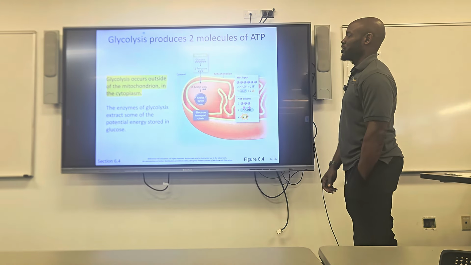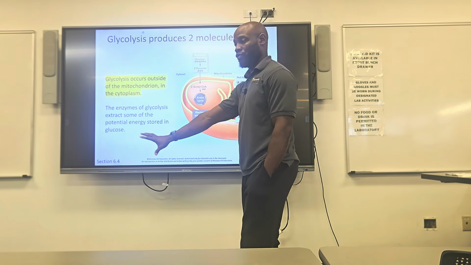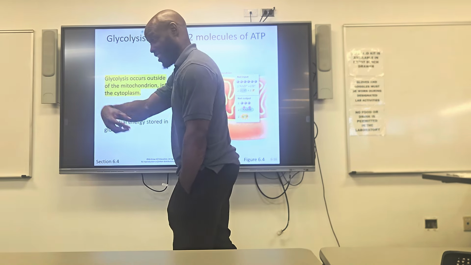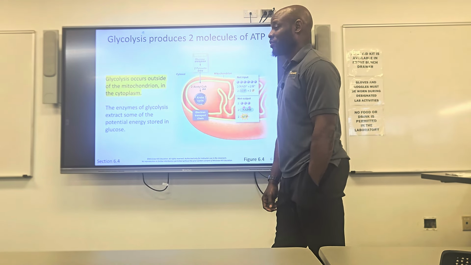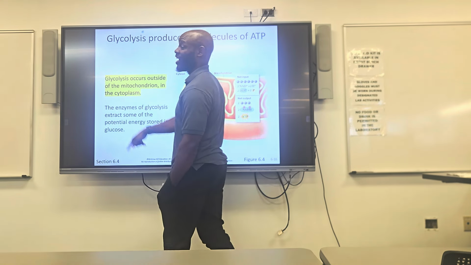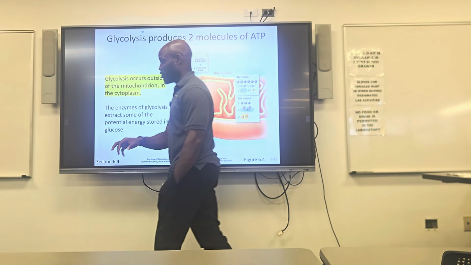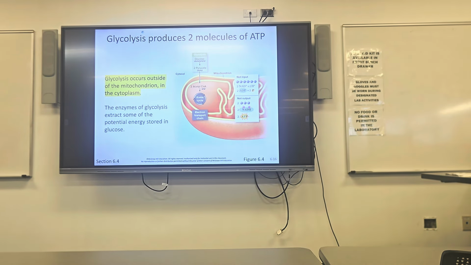So glycolysis occurs in the cytosol, inside the cell, but outside of the mitochondria. I thought it was in the cell. It's in the cell, but outside of the mitochondria. Let me do a drawing. We have a cell, and then we have this mitochondria in the cell.